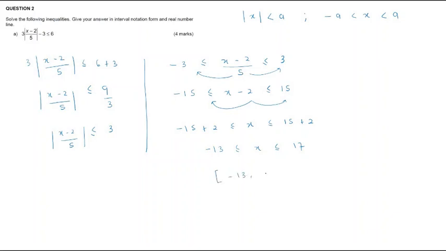First bracket negative 13 until 17, also close bracket because both signs involve equal. On real number line, negative 13, 17, bowl and bowl, and then connect. So this is the answer for question 2A.